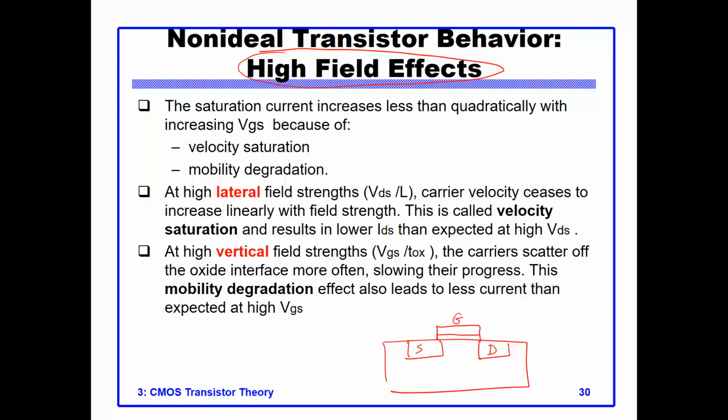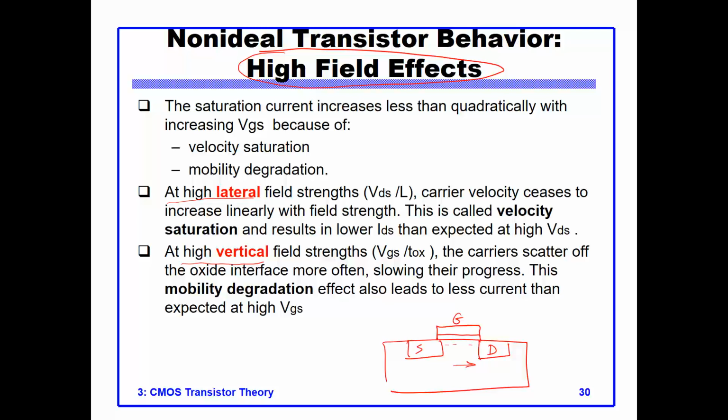You will see that there is the vertical electrical field, which is what attracts the charges here and forms the channel. And then you have the lateral electrical field, which pushes the charges from the source to the drain.